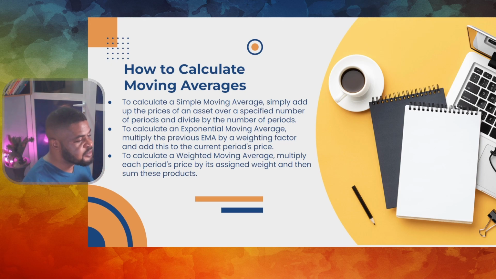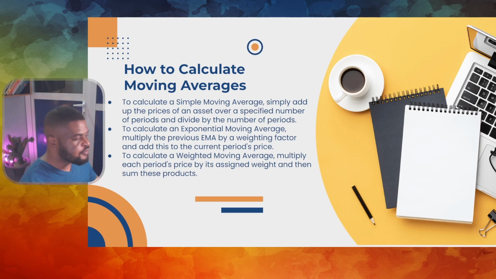To calculate a simple moving average, simply add up the prices of an asset over a specified number of periods and divide by the number of periods. To calculate an exponential moving average, multiply the previous EMA, that is the previous exponential moving average, by a weighted factor, determined by you or the mathematical formula, and add this to the current period's price.